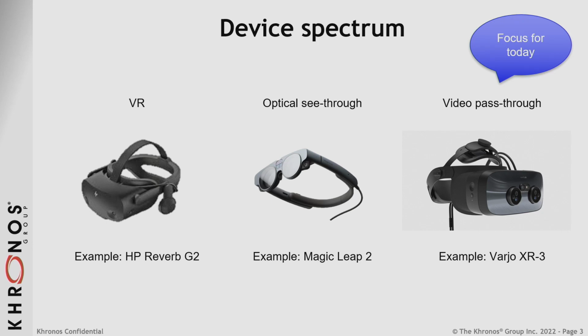We have the Magic Leap 2 and then we have the Varjo XR3. They are using different technologies in order to do this. The Magic Leap uses something that's called optical see-through.